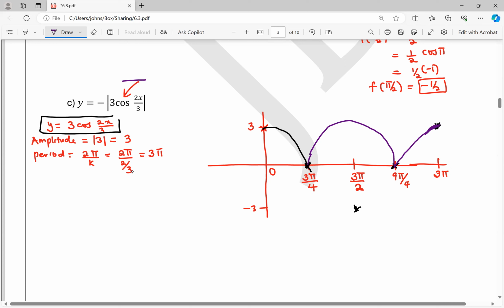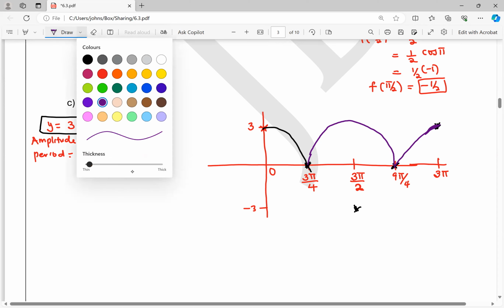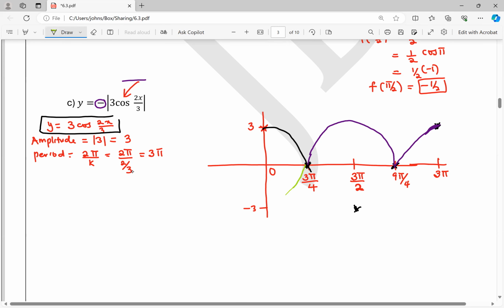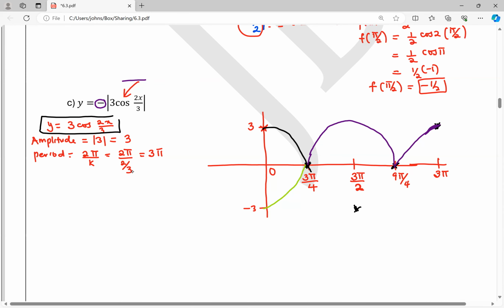Okay. But now we have another minus here, which means that we should reflect everything across the x-axis. So if you want to reflect across the x-axis, what does that mean? It means that this part will reflect here. This one will come back again, right? And this part also will have to be reflected this way. So the green part is our final graph.